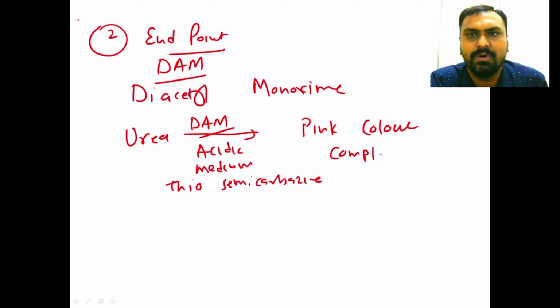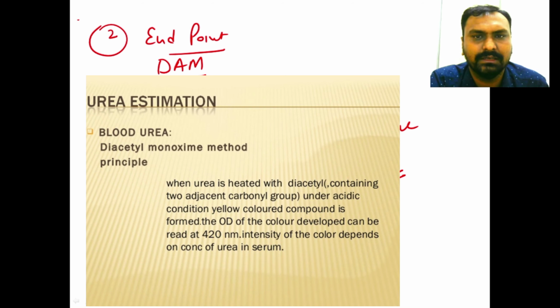The amount of pink color produced is directly proportional to the concentration of urea in the solution. So this is again an endpoint method. Now third is the kinetic method.